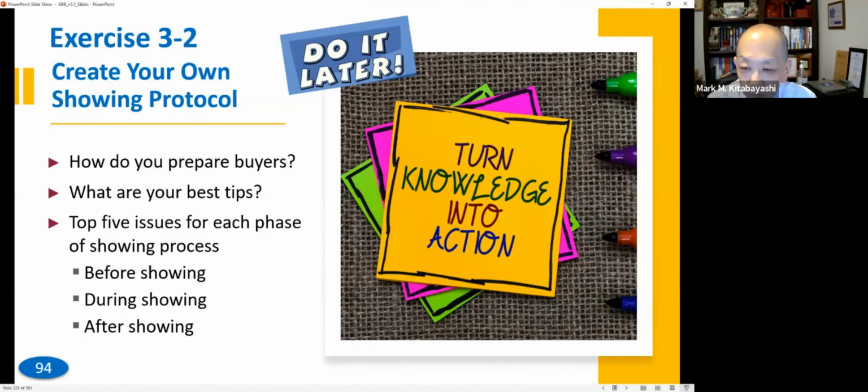So, let's do the exercise. What you want to do is be good to all and provide equal services to everybody. How do you prepare a buyer? You want to set your procedures. What are your best tips for the buyers?